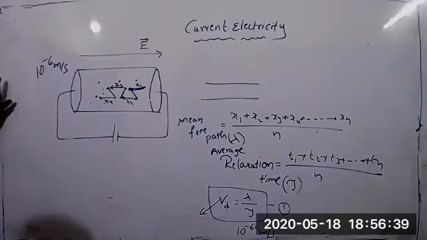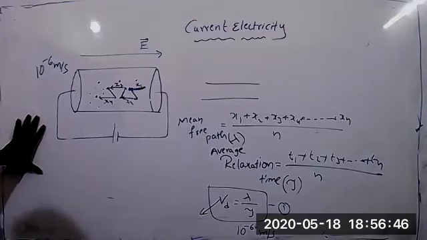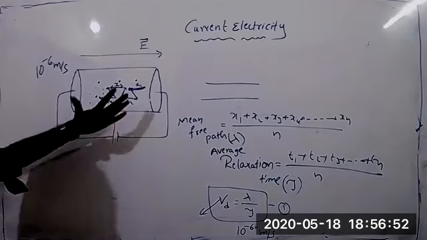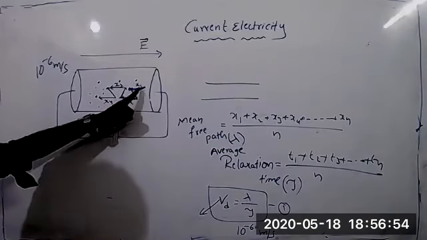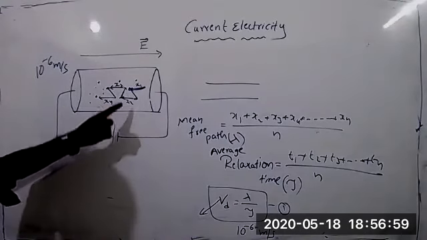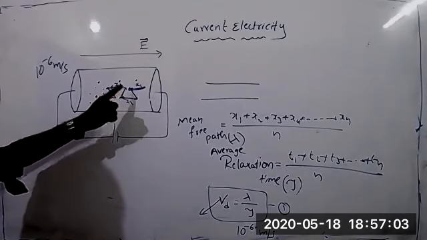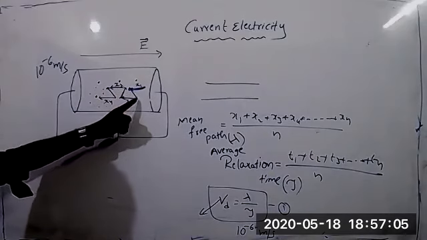Today we have learnt what current is and how to calculate current in different situations. Then we discussed drift velocity, the minimum velocity with which an electron drifts opposite to the electric field. Why does the electron have to drift? Because it collides with a particle at rest and loses some energy.